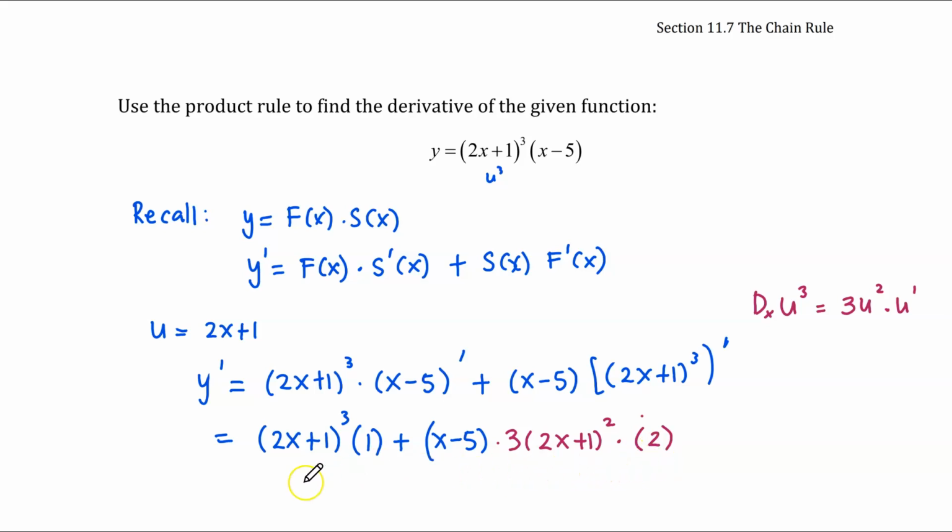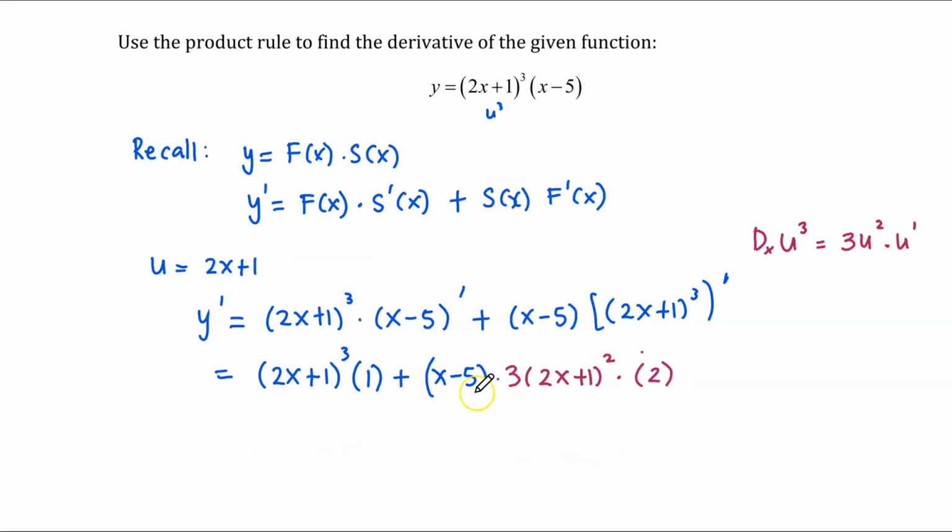Again, you can input your answer like this, or you can do a little bit of simplification. Now, let's try to simplify this. So simplifying this, we actually have two terms here, and the common factor is (2x plus 1) squared quantity.